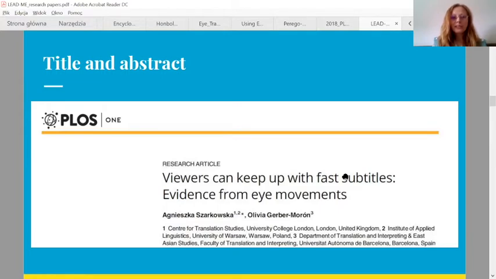And here we can see the first thing that we look at in the paper, which is the title. So let's look at this title. Viewers can keep up with fast subtitles, evidence from eye movement. So on a scale from 1 to 10, how informative is this title, according to you? 10, yes. Agnieszka says 2.